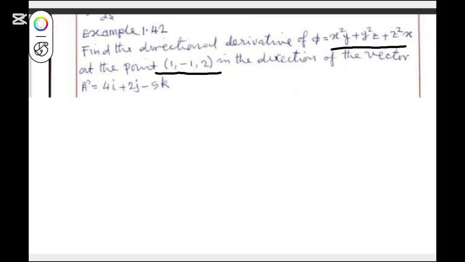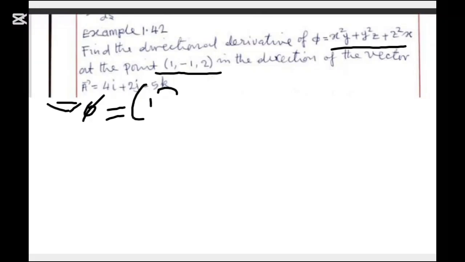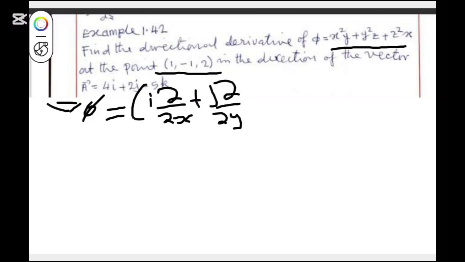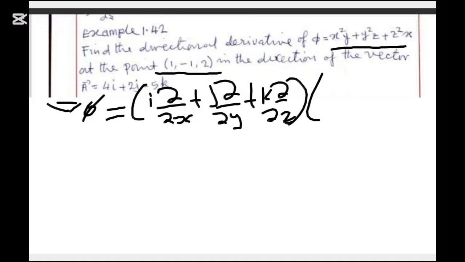So the next thing that we are going to do, as we all know, we have del psi, which is i for the partial derivative of x, j for the partial derivative of y, plus k for the partial derivative of z, and we are given this as the value of psi.